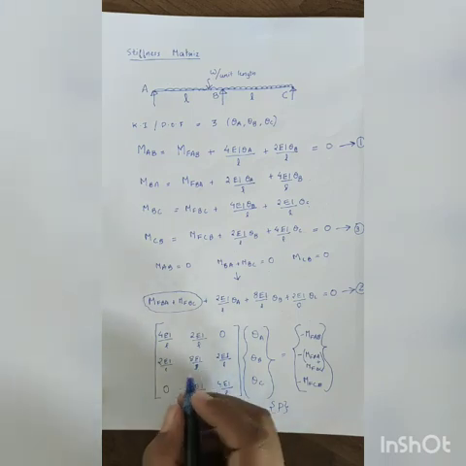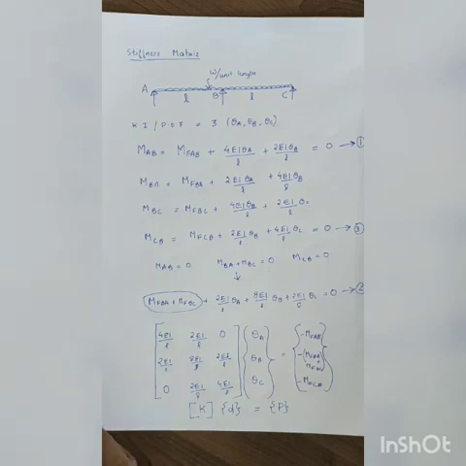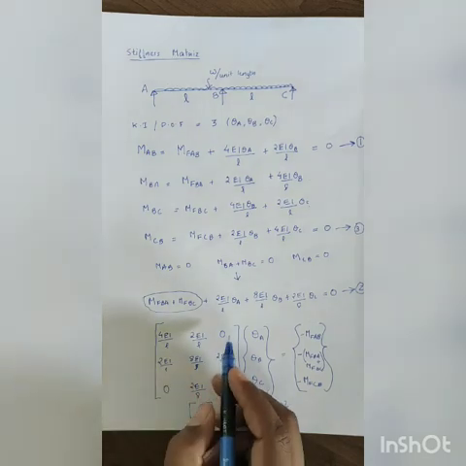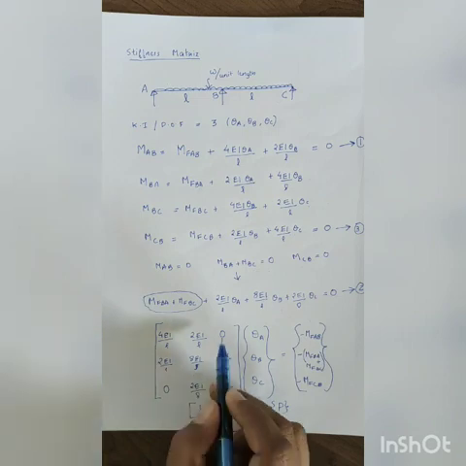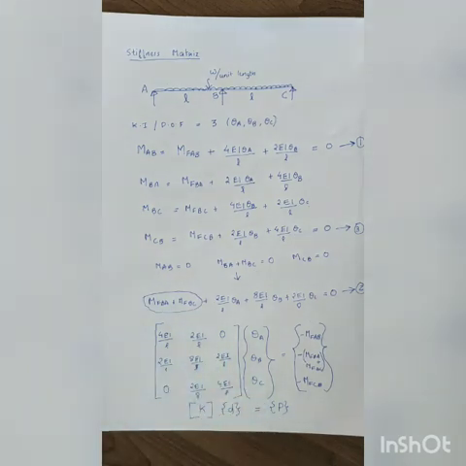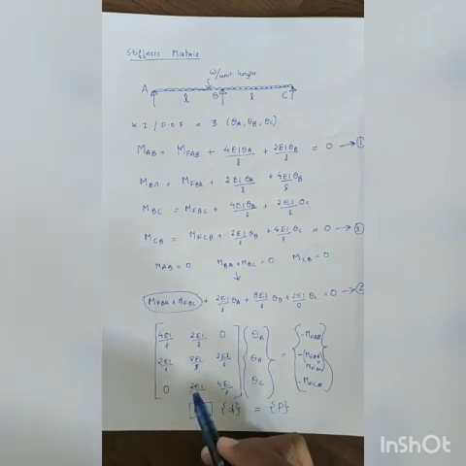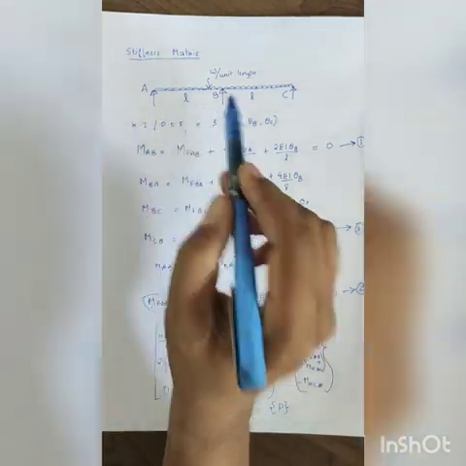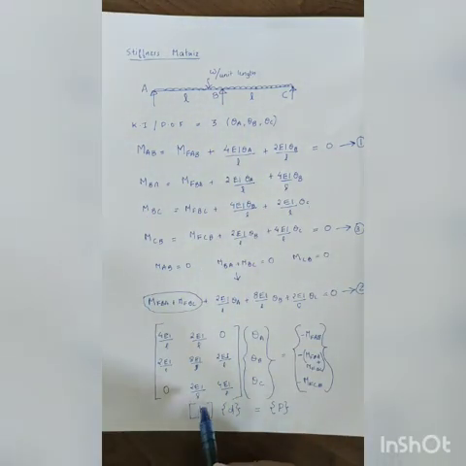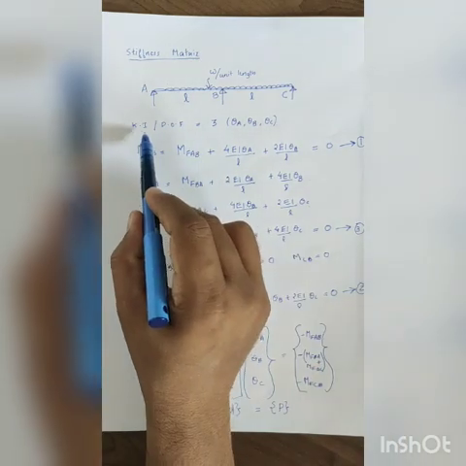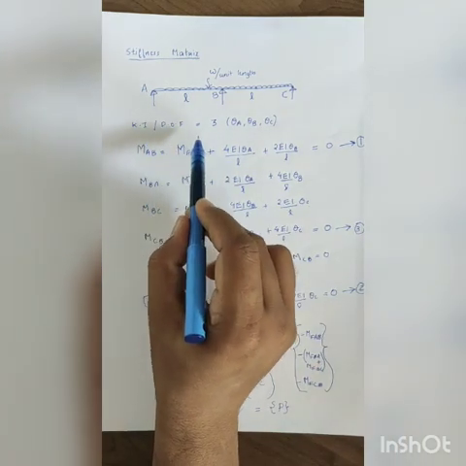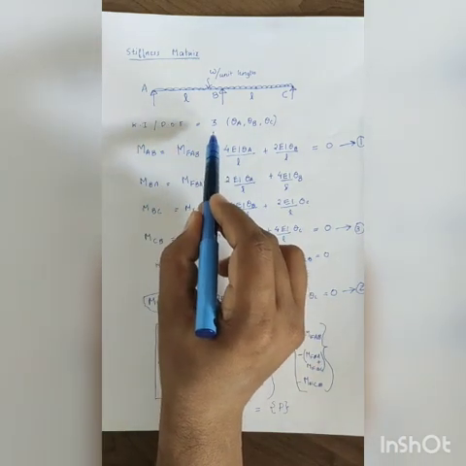Now if you look at the beauty of this stiffness matrix, there are some important features. Always this stiffness matrix is going to be a square matrix, and it will have order n, where n is the degrees of freedom. You see the order of this matrix is 3 because the kinematic indeterminacy or the degrees of freedom for this problem was 3.